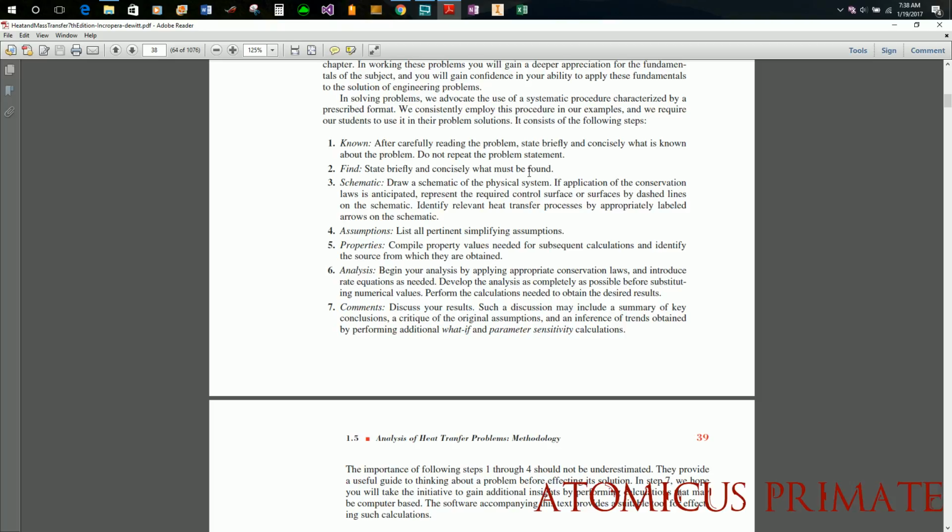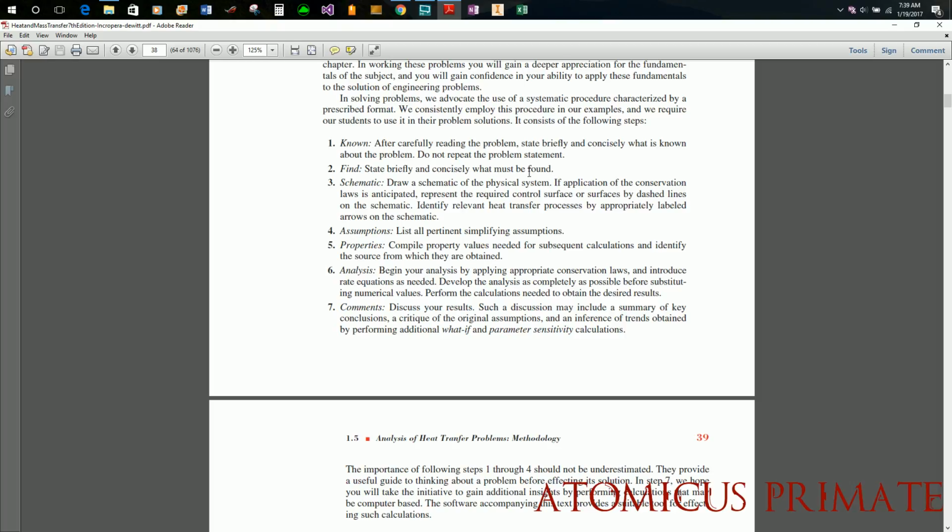If application of the conservation laws is anticipated, represent the required control surface or surfaces by dashed lines on the schematic. Identify relevant heat transfer processes by appropriately labeled arrows on the schematic. List all pertinent simplifying assumptions. That's assumptions. 5. Properties: compile property values needed for subsequent calculations and identify the source from which they are obtained.